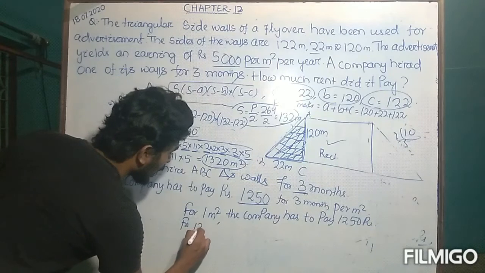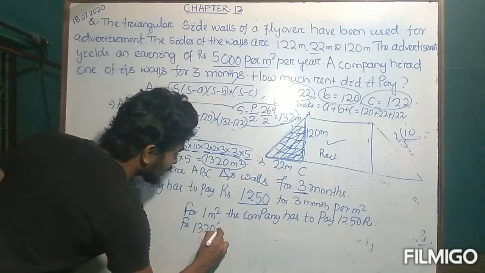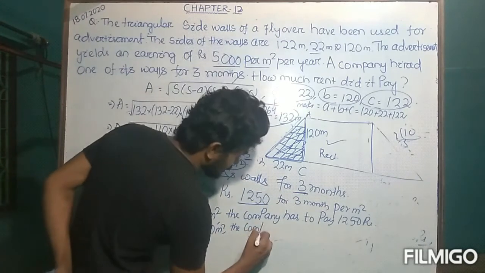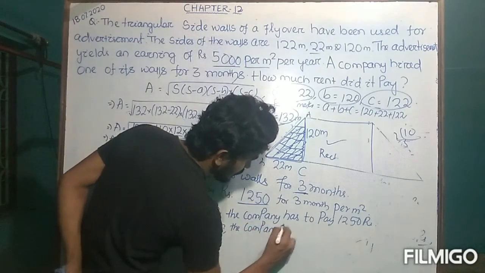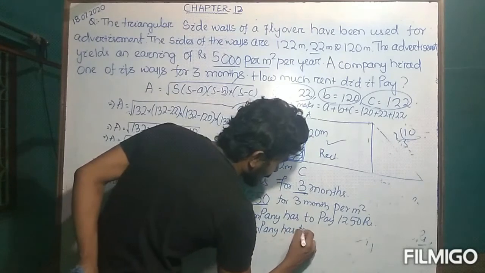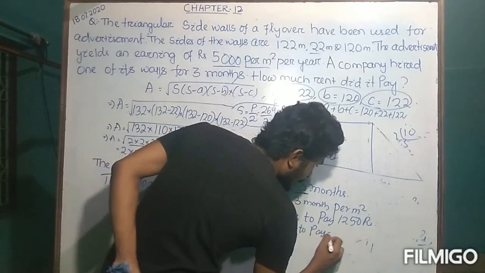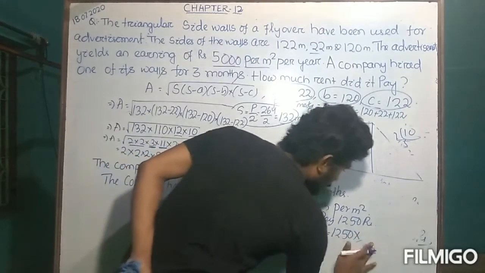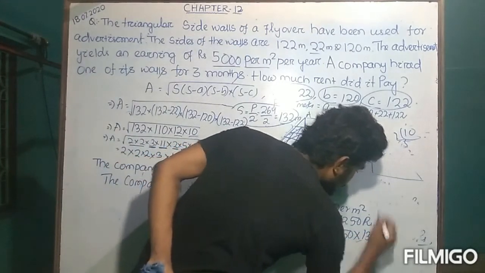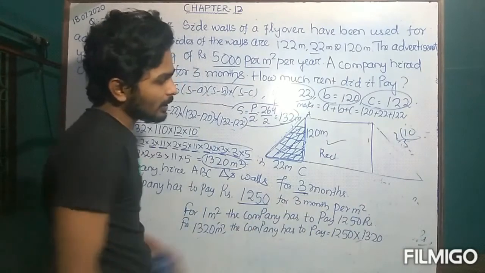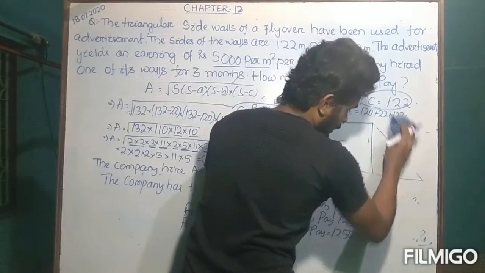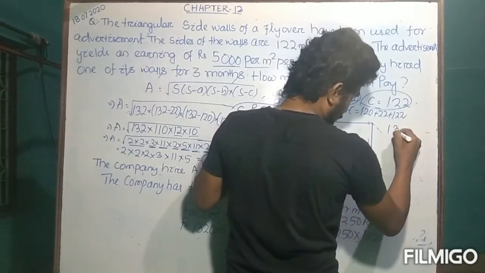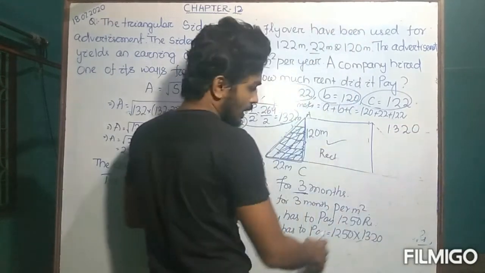So for 1320 meter square the company has to pay 1250 into 1320. You can multiply these two and find out the result. Okay, so multiply them, 1320 and 1250.